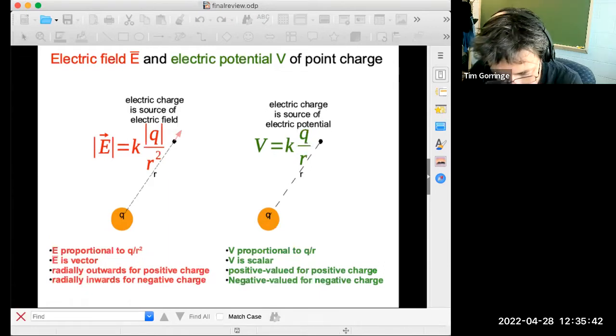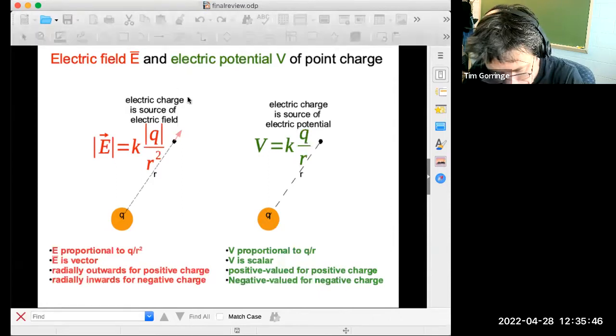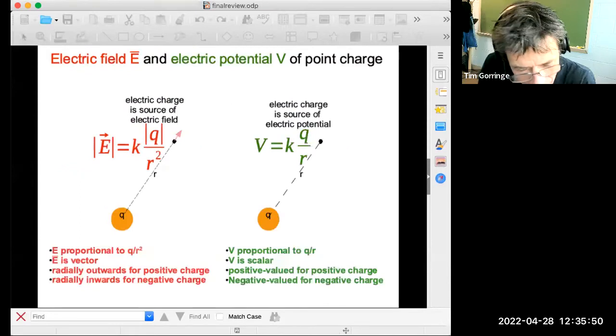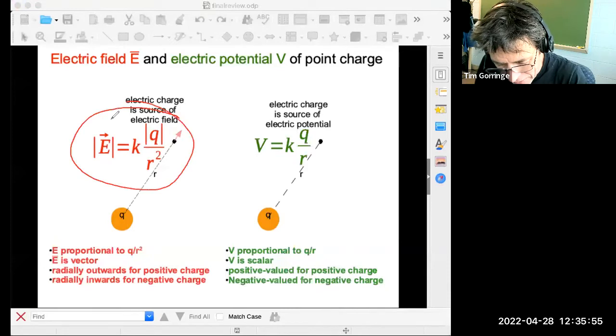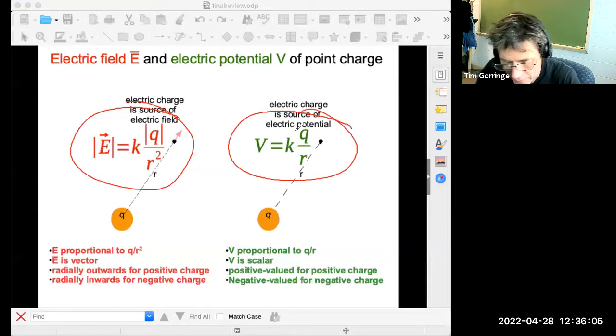And so that's these two equations on this slide. This one over here on the left-hand side is the electrical field of a single point charge. And this one over here on the right-hand side is the electrical potential of a single point charge.